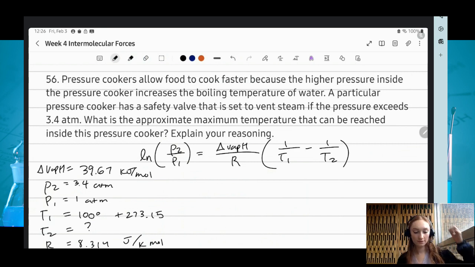Okay, so these are all the values that we're plugging in. So P1 and T1, 1 atmosphere, 100 degrees Celsius. And then P2 is going to be at 3.4 atmospheres, and so there's an unknown final temperature.